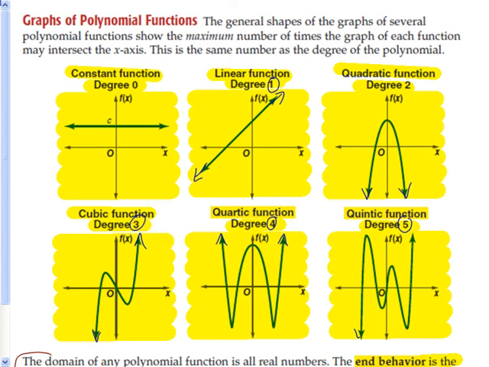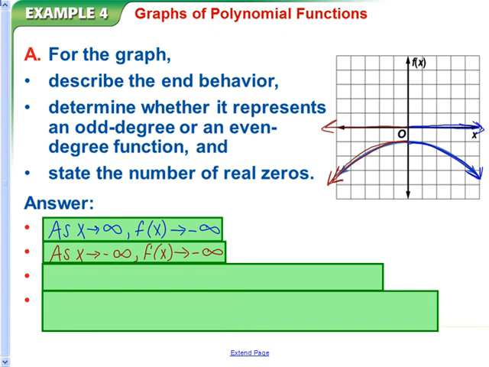Odd number, they're going in opposite directions. So the fact that ours are both going down, let's go back to the problem here. Okay, so the fact that both of ours are going the same way, they're both going down, that has to tell us that it is an even function. If they're going opposite directions, then it's odd.